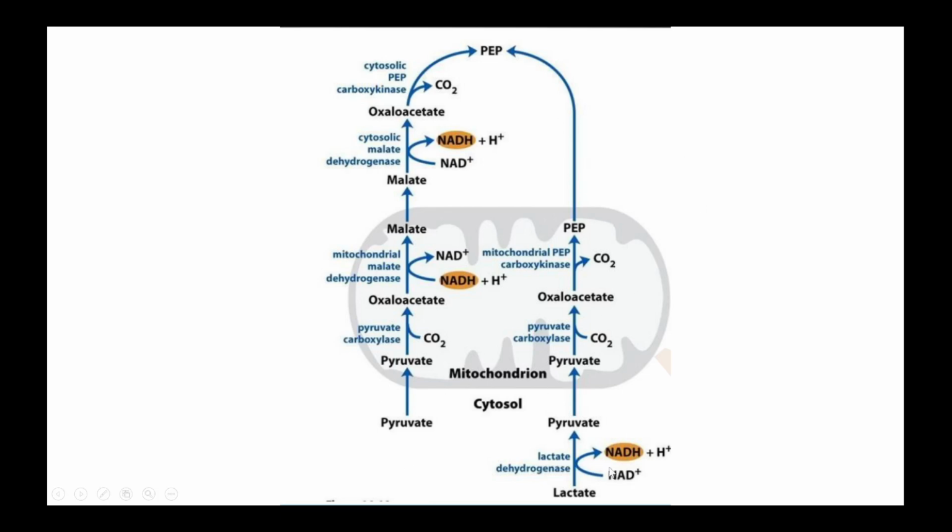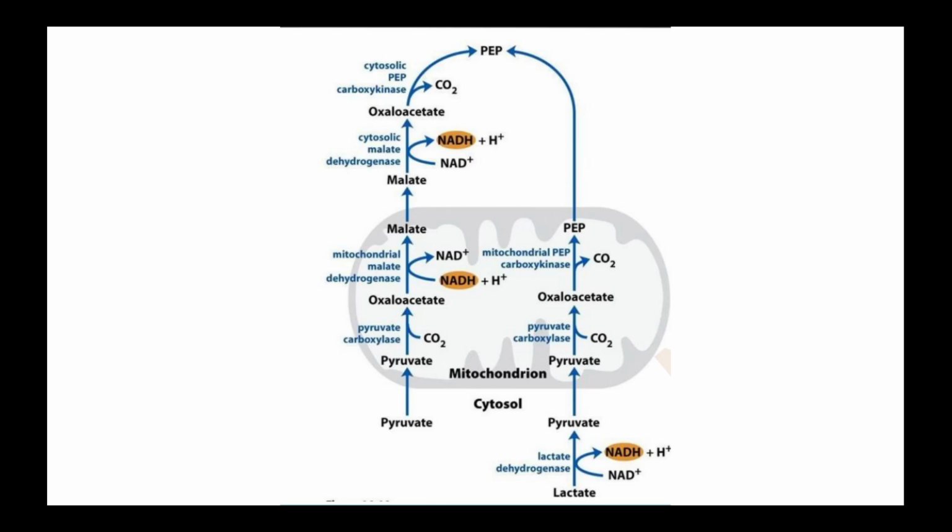There is another pathway that follows where lactate is the starting molecule. If pyruvate is the starting molecule, then the pathway on the left-hand side is followed. But in case lactate is the starting molecule, when a high amount of lactate has accumulated in the muscle, lactate is converted back to pyruvate by lactate dehydrogenase.